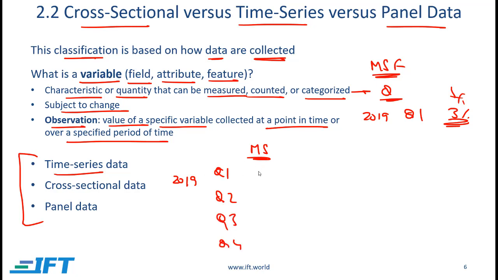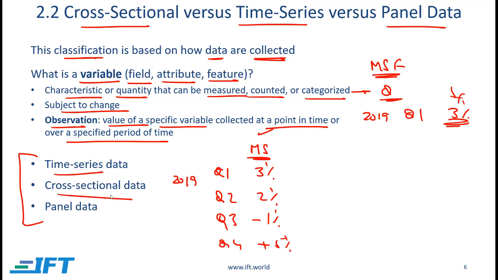So if we say that in these quarters, the return was 3% in quarter 1, 2%, then minus 1%, then plus 5%. So this represents time series data because for a single variable, we have taken the observations over a period of time. And notice that these time periods are specific and equally spaced.